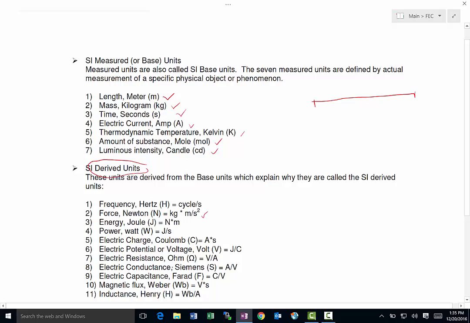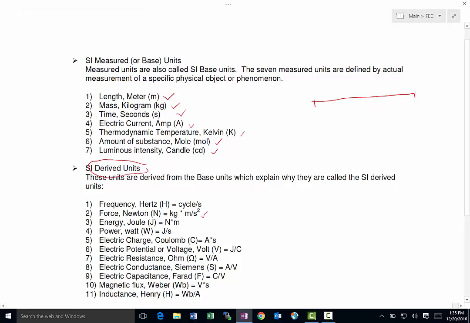That's what derived units are: combinations of measured units that are useful in talking about a certain effect, energy transfer, energy change, or environmental change that we are looking at.